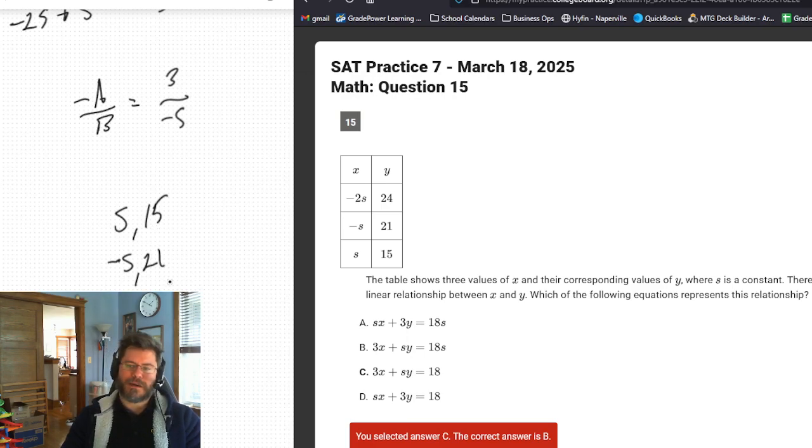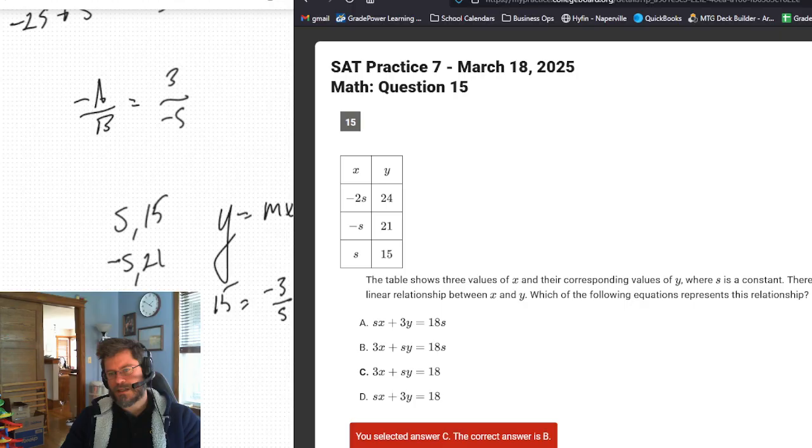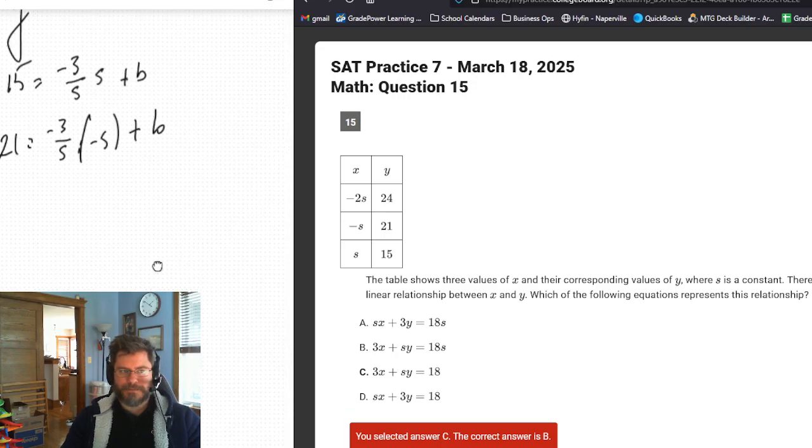But I actually have the amount. y equals mx plus b. Plug in what you know. 15 equals negative 3 over s times x plus b. 21 equals negative 3 over s. x here is s. x here is negative s. Plus b. So that should give us the y-intercept.